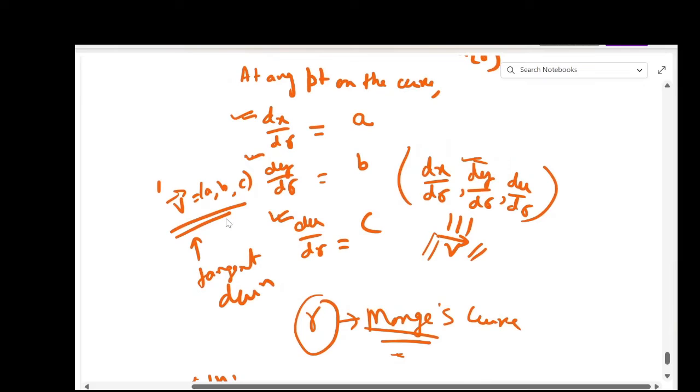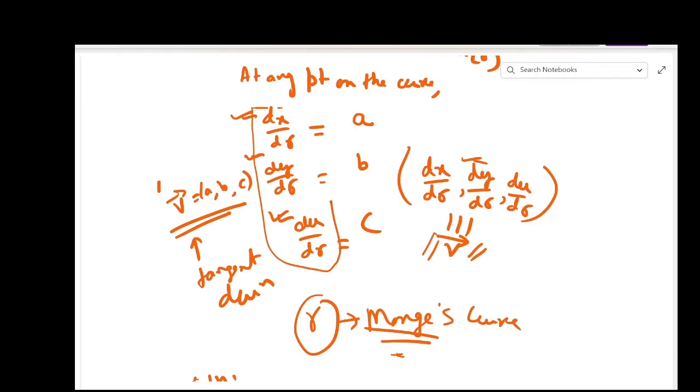If it is a tangent, then for any point P, the direction ratios are given by dx/dsigma, dy/dsigma, du/dsigma. But again, at any point P(x, y, u), the tangent to the curve is given by V, so this one should match with this one. That is what we write individually as three components.